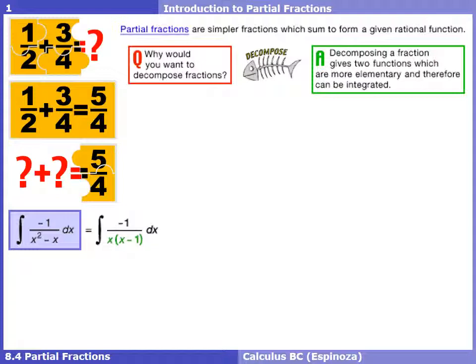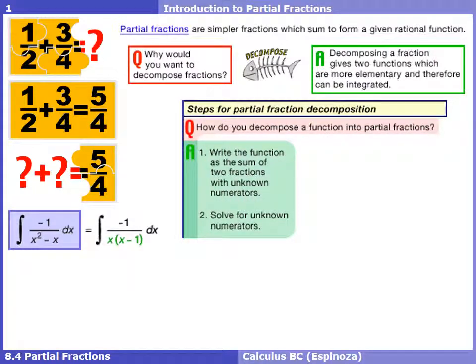Well, you'll notice if we do factor out that x in the bottom, which would be x times x minus 1, that leads us to believe something. That leads us to believe that there were two fractions that were added or subtracted together that gave us this new fraction. And if maybe we found what those two fractions were, then maybe we could integrate those two things separately because they would be easier than this current form that we have right now.